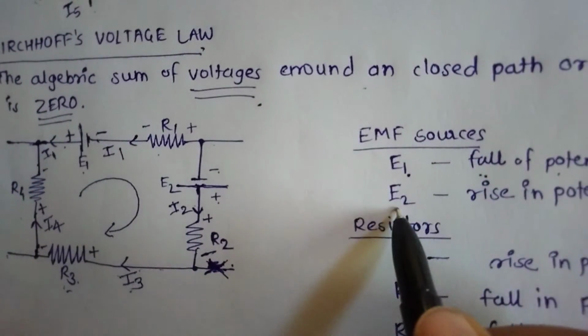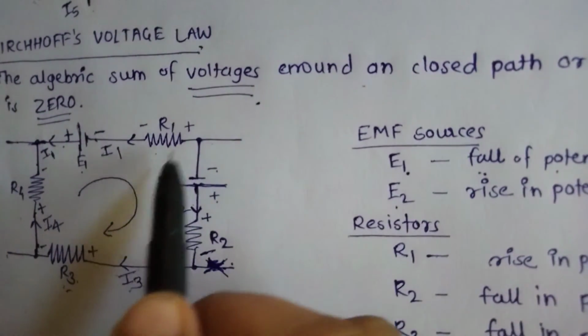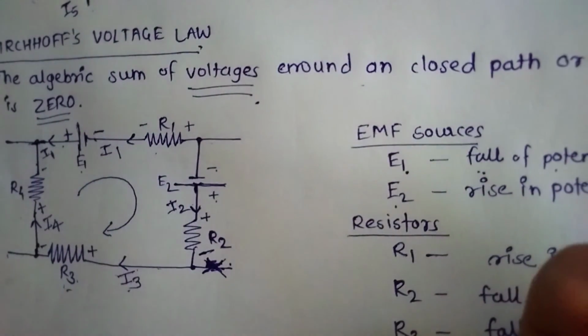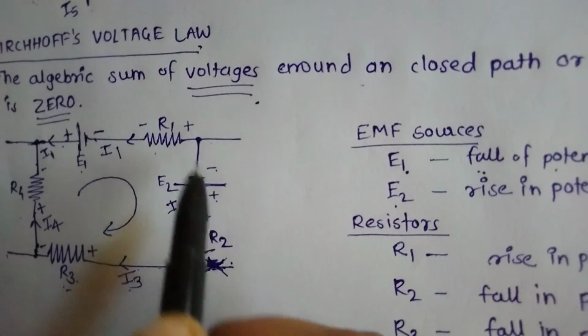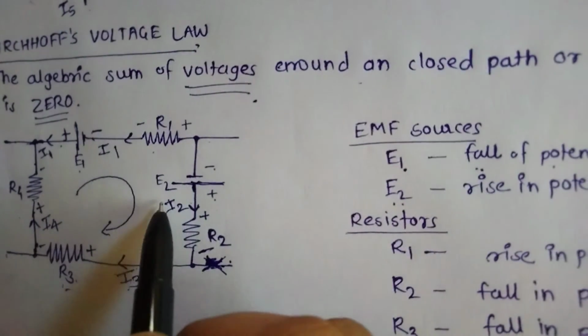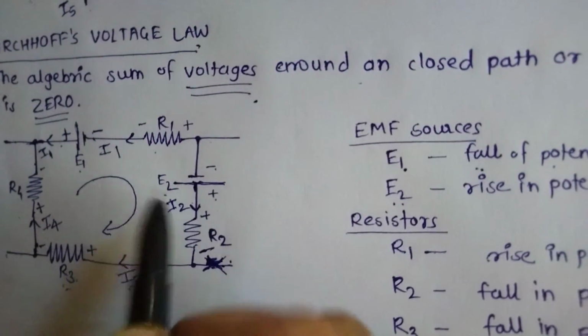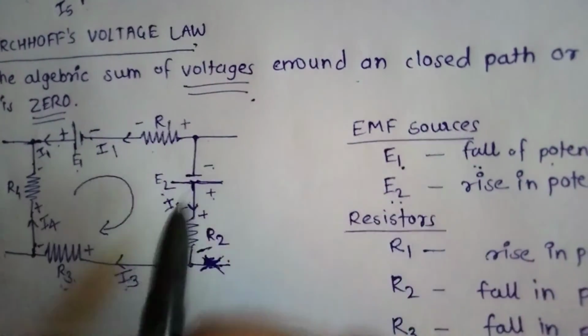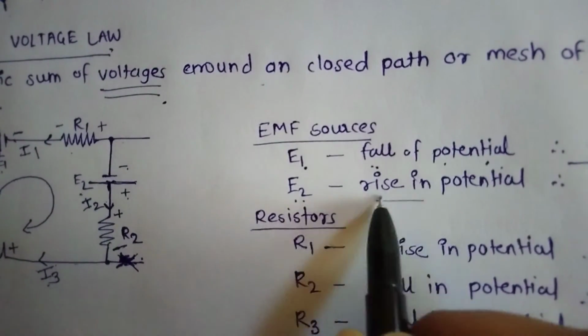Next is E2. We will consider the resistors afterwards, but first we will consider the EMFs in the circuit. So let's say E2, that is this voltage source, this EMF, and there is a rise in the potential.